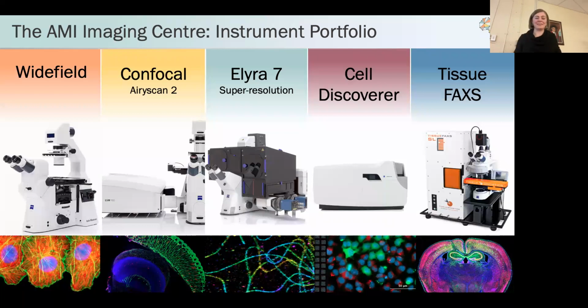What we don't have is STED, as well as the Cell Discoverer, which is Zeiss's high content system, which means that we can support screening assays, as well as what's exciting with the system is that it's designed for extended live cell imaging of various formats.